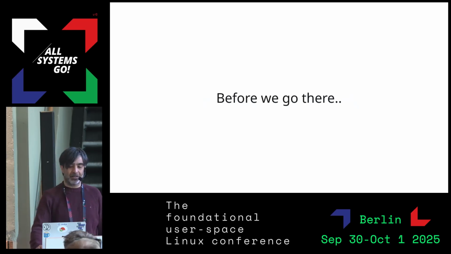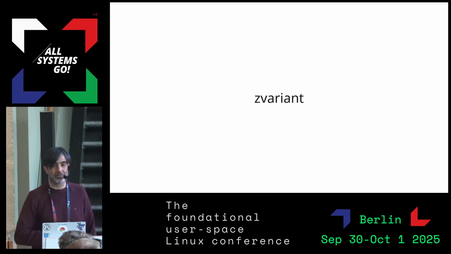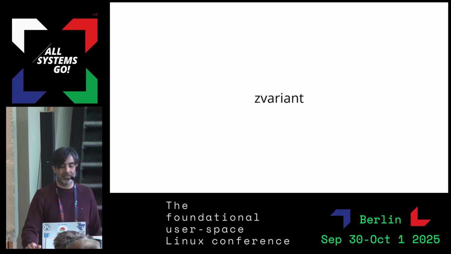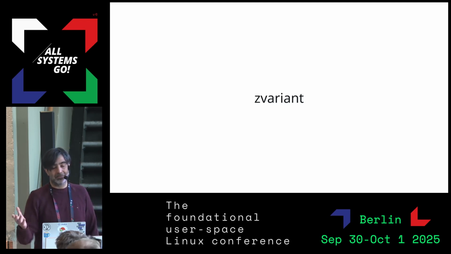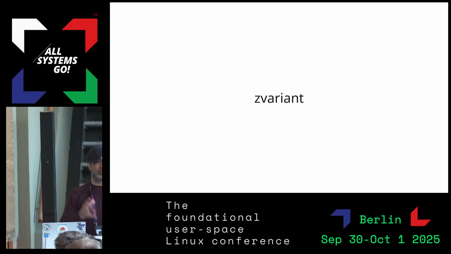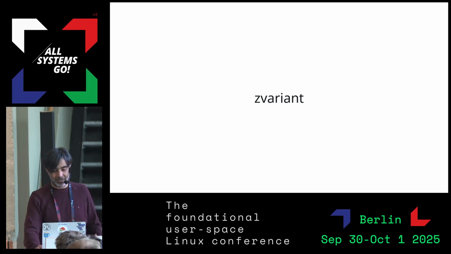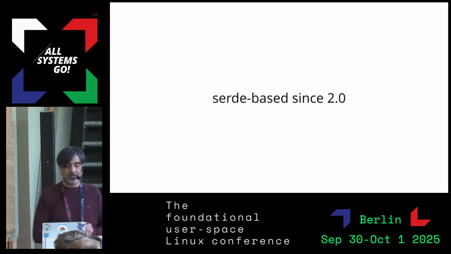Before we go there, I'll have to introduce part of zbus called zvariant, which came first, because I have this bottoms-up approach. I try to first get the foundations right. zvariant is the subcrate, sublibrary, or however you call it, that is responsible for encoding and decoding the payload, the message format. It's Serde based since version 2.0.